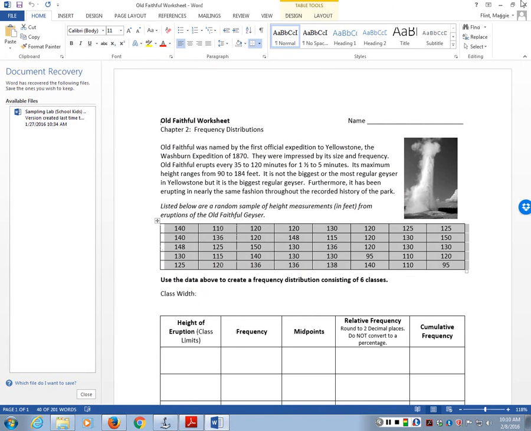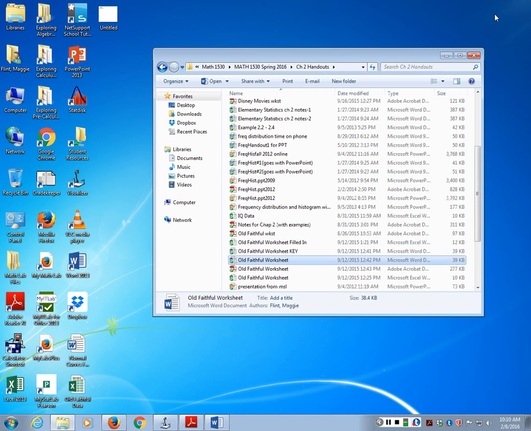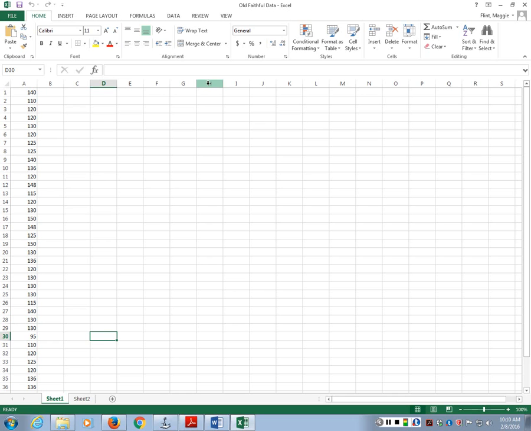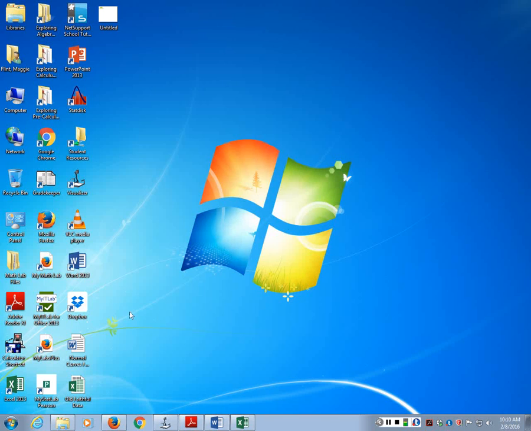Because I want to help you actually see an extra example of how to do a worksheet and do a histogram in Excel. As a matter of fact, it looks like I've already got it. But I'll show you how I did what I did.